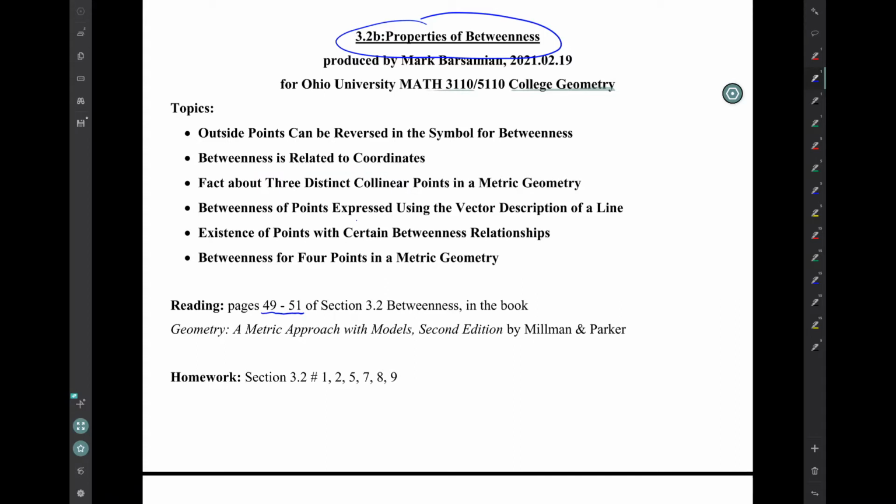I'll be discussing some facts about 3 distinct collinear points in a metric geometry, and betweenness of points expressed using the vector representation of a line. Remember, that's something we can do in the Euclidean plane. I'll be discussing the existence of points with certain betweenness relationships, and finally we'll end by discussing betweenness for 4 points in a metric geometry.